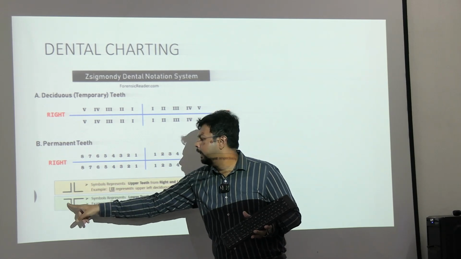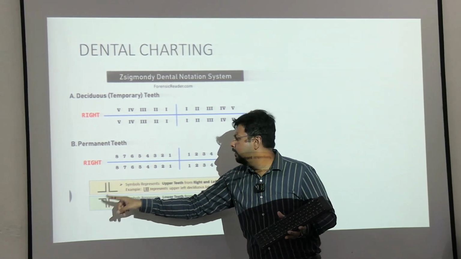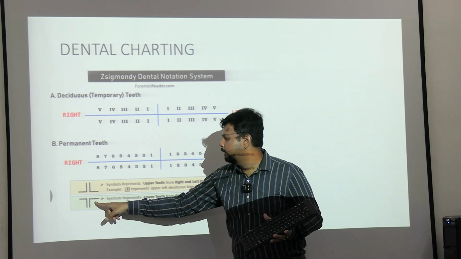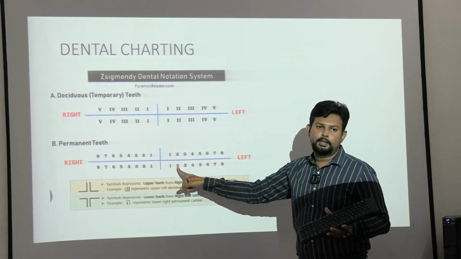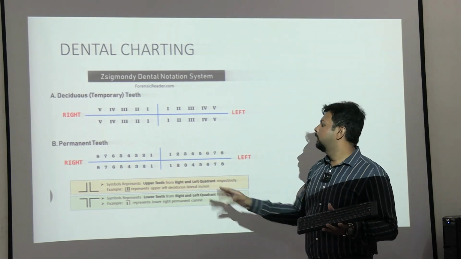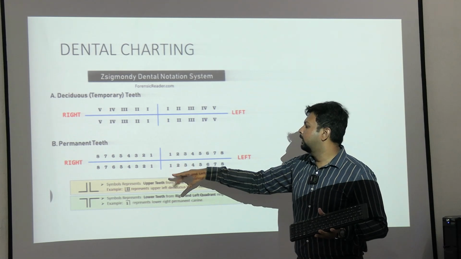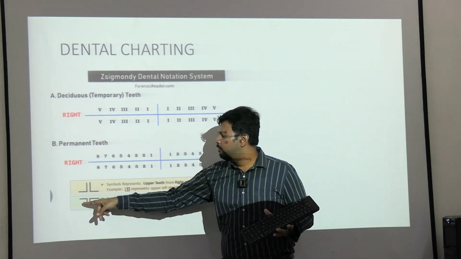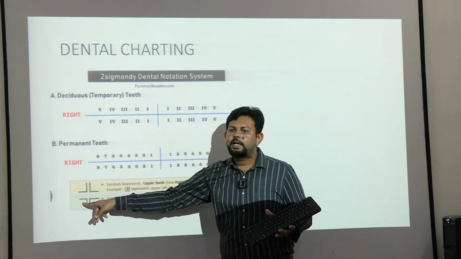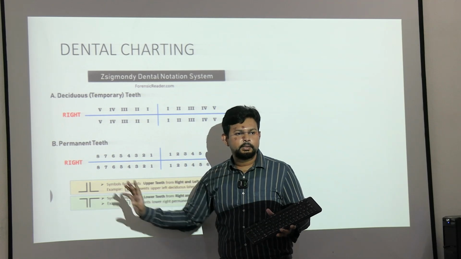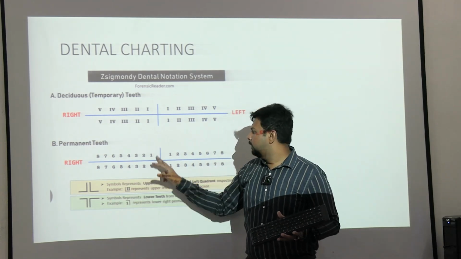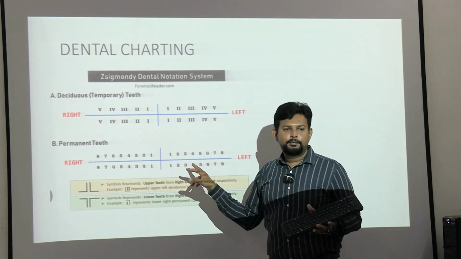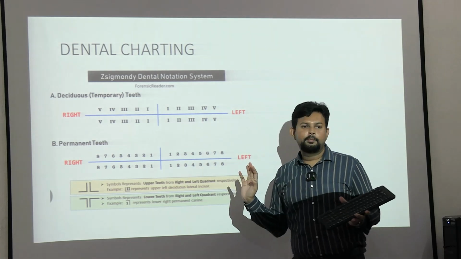If I write 2 here, that means the 2 on this side. This is for permanent teeth. In the same way, if I write Roman numbers, that will indicate temporary teeth. Clear? Understood? This is Zsigmondy.